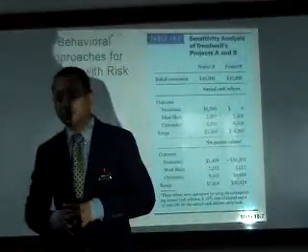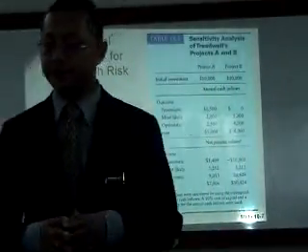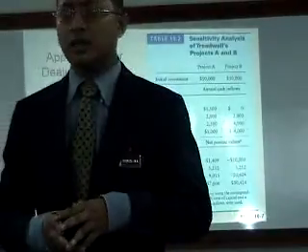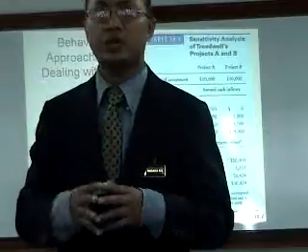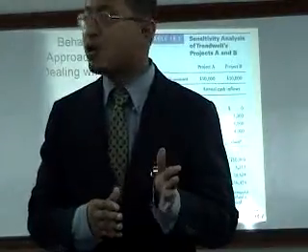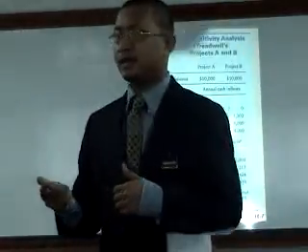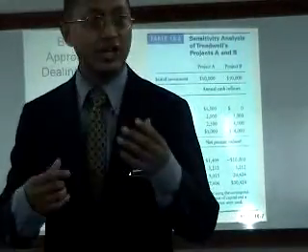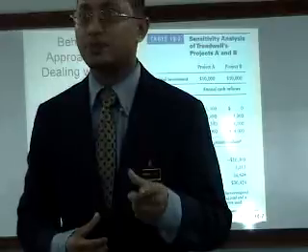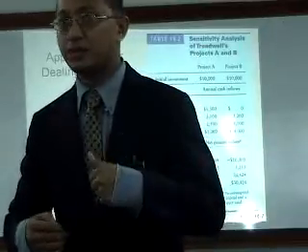Alright, now if you have to make a decision, which project do you want to choose, project A or project B? If you have to make a decision right now as a financial manager, do you want to choose project A or project B?